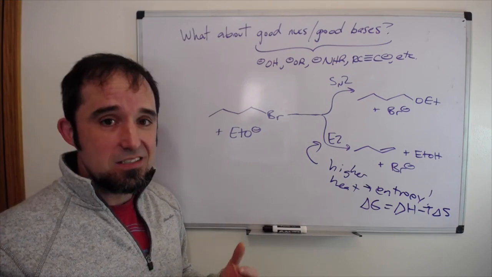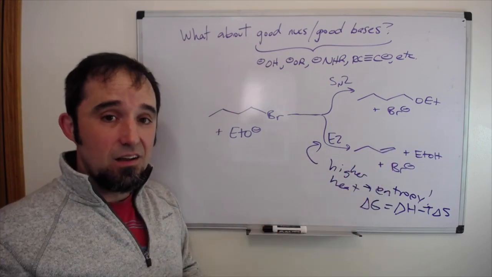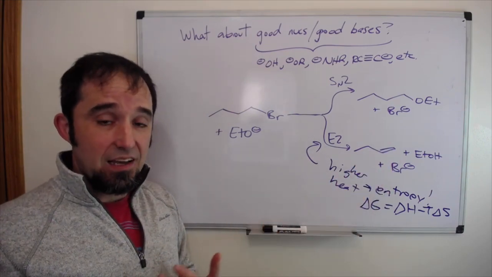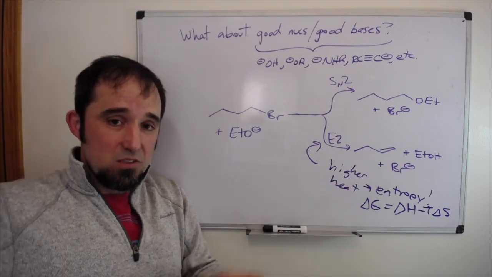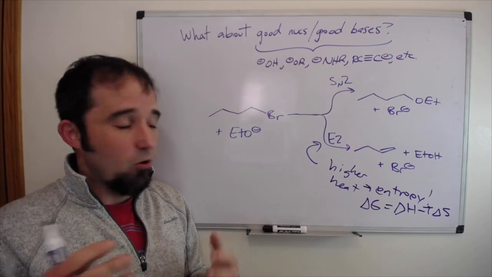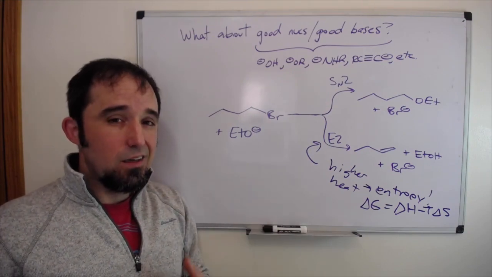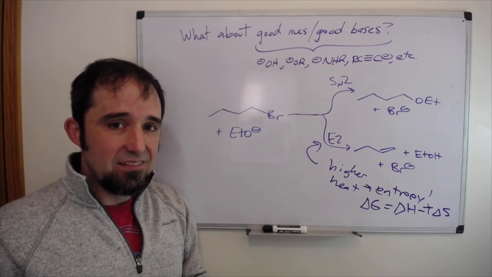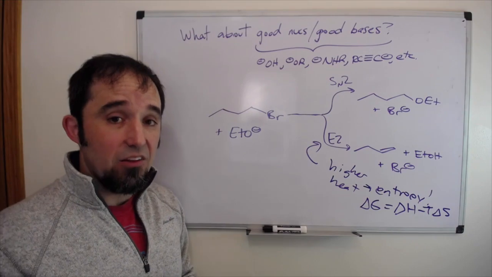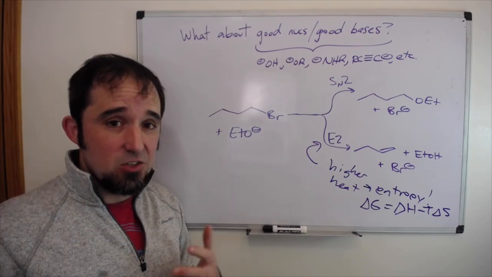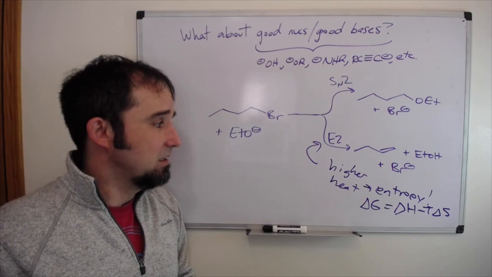But the idea here is that the more things I have kind of flying apart, the greater entropy difference I have, because these three can kind of exist in more space and more energy levels than simply two things. Okay, so again, I can't always perfectly control whether something is going to go one way or the other, and that's something I'm going to have to factor in when I consider planning out my synthetic pathways.